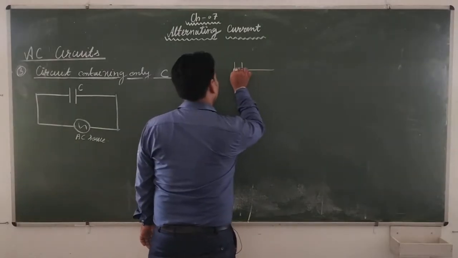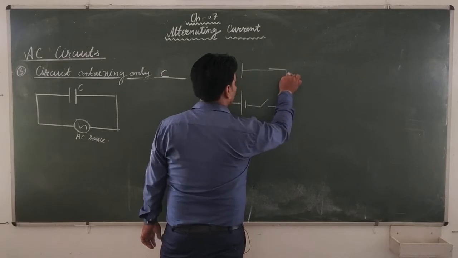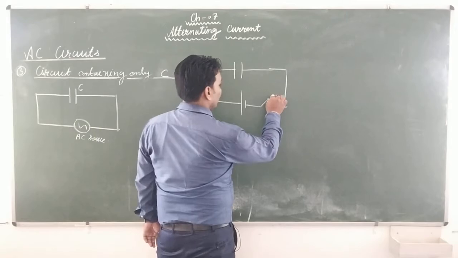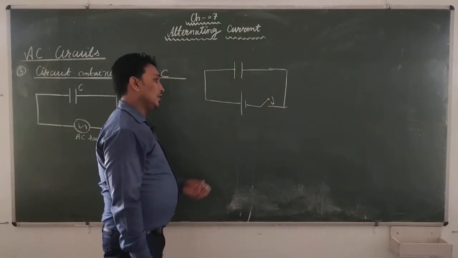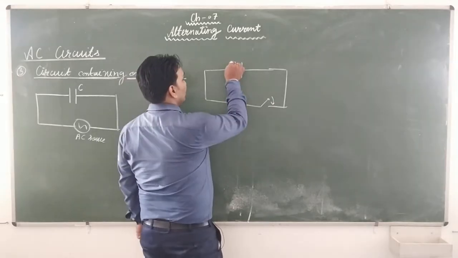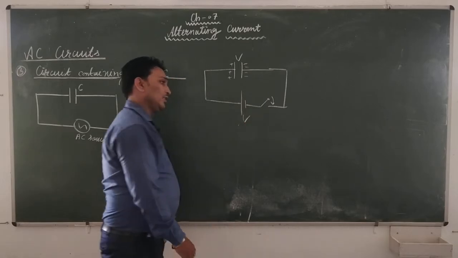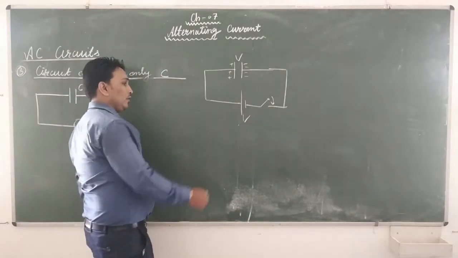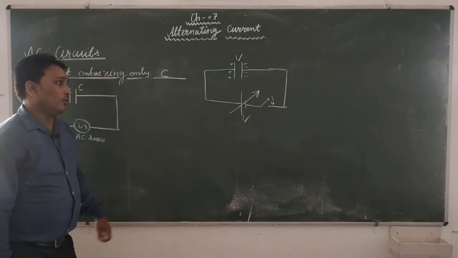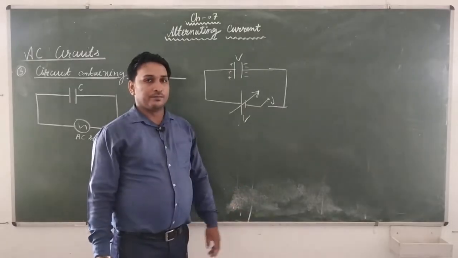Suppose a capacitor is connected to a DC source and a key. In the beginning, the capacitor was discharged. As soon as the key is on, charge from the cell starts flowing to the capacitor, and it will flow until the voltage of the capacitor becomes equal to the cell. Somehow, if this voltage is variable, if we are able to change this voltage, then the flow of charge will continue.